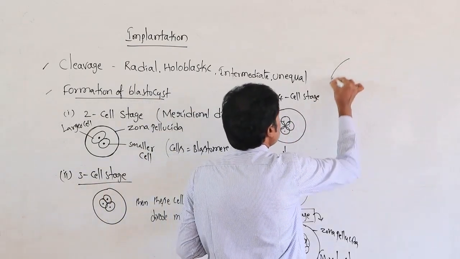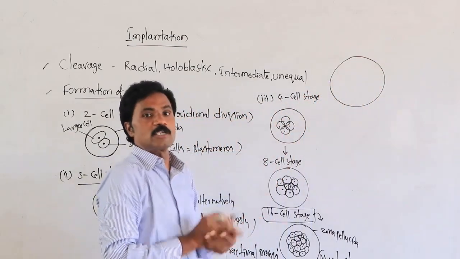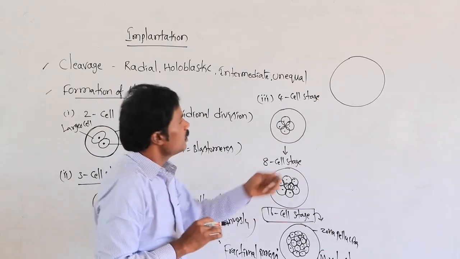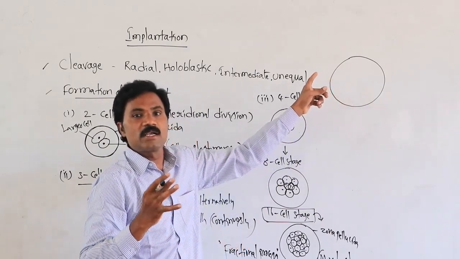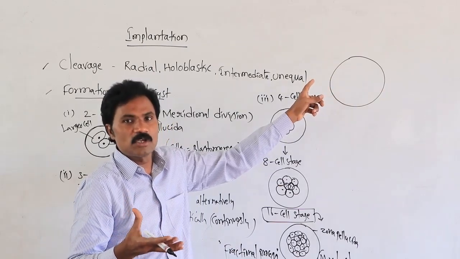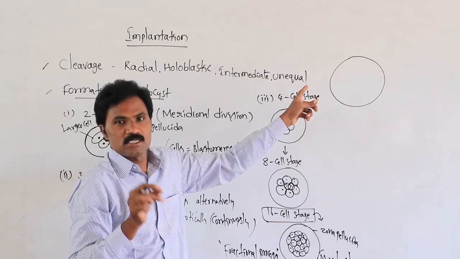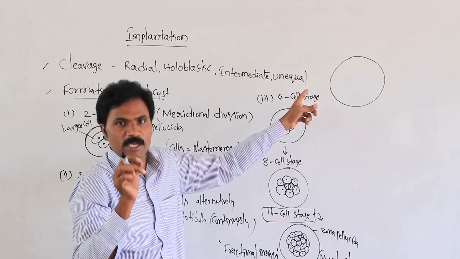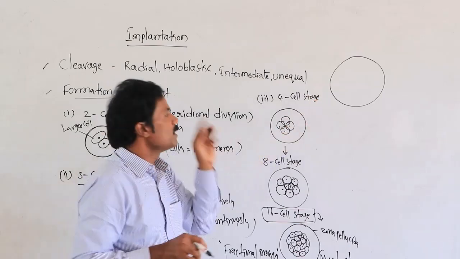What are these two types of cells? For understanding purposes, I draw them a little bit larger, though actually the same size is present. Due to unequal division, there are two differentiated cells. Smaller cells we call micromeres, and larger blastomeres we call macromeres.